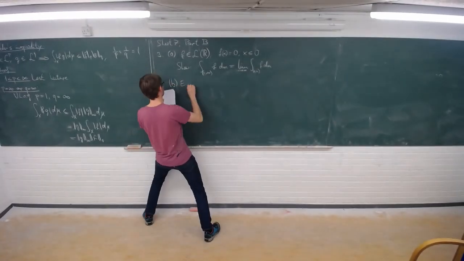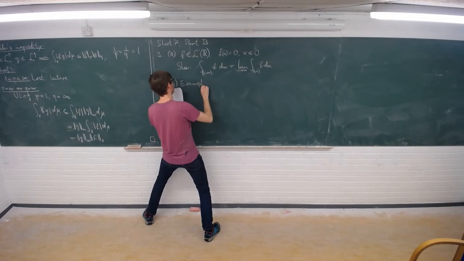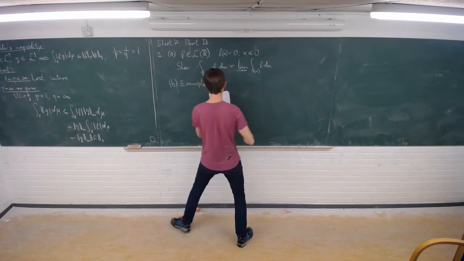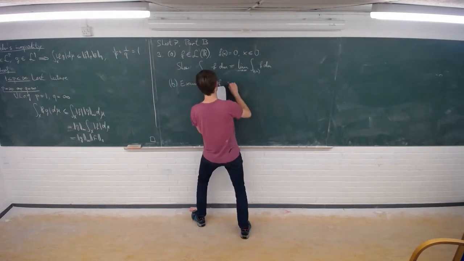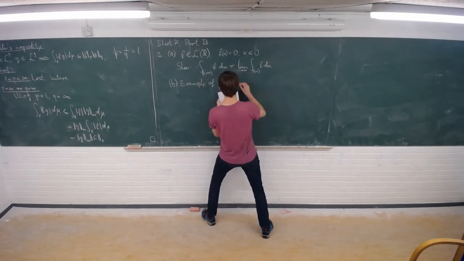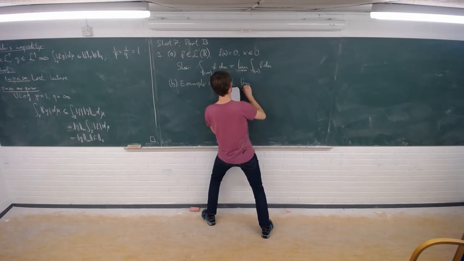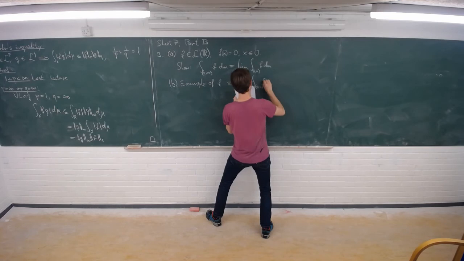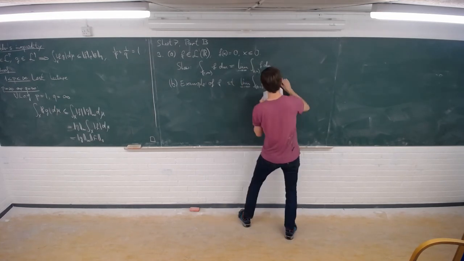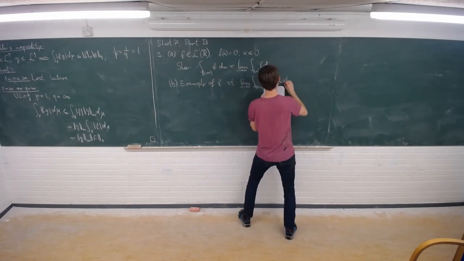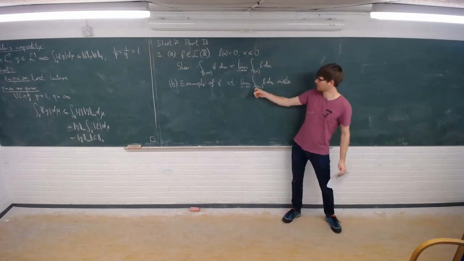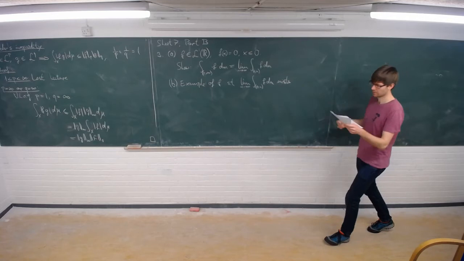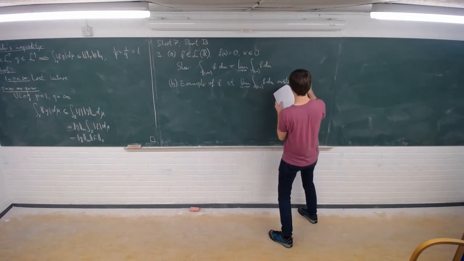And part B was to find an example of a function f such that this limit as n goes to infinity of the integral from 0 to n exists, but the function is not in L1.